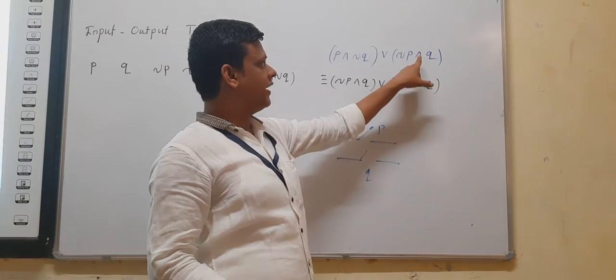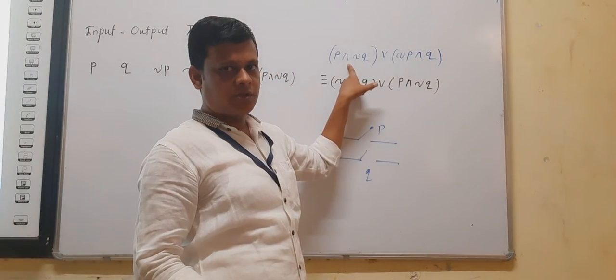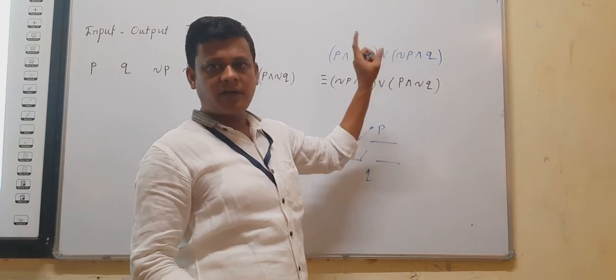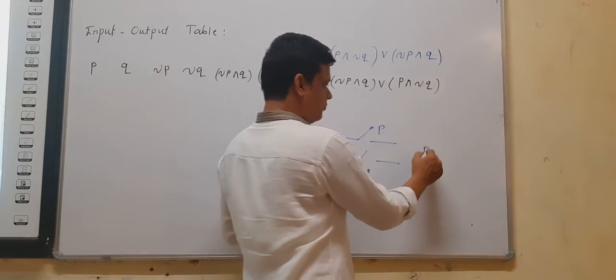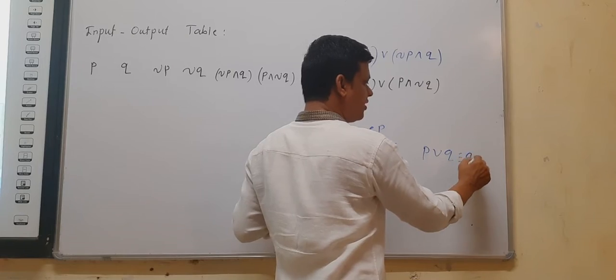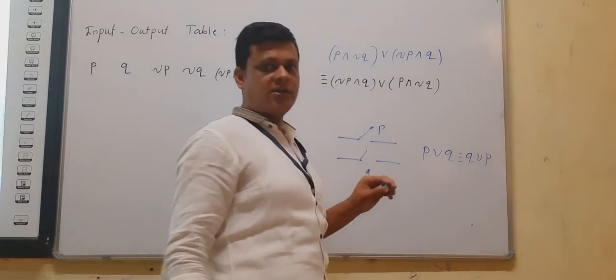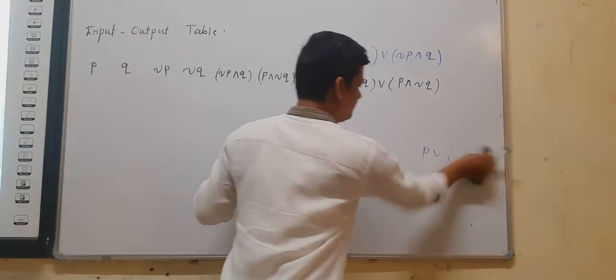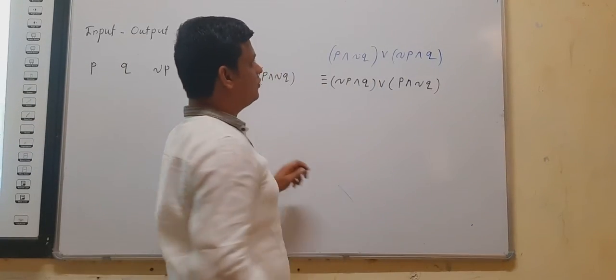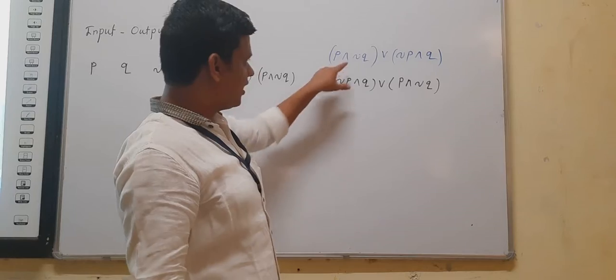So you can write this bracket in first position or this first bracket in second position. That means if we interchange the switches, P or Q is equivalent to Q or P, which we already discussed in the algebra of statements. So you can prepare the truth table for any one of these.